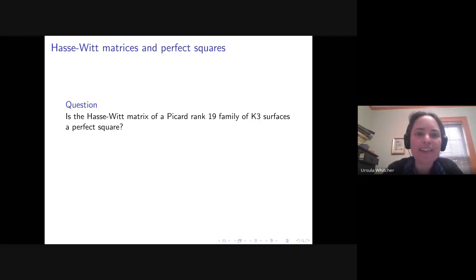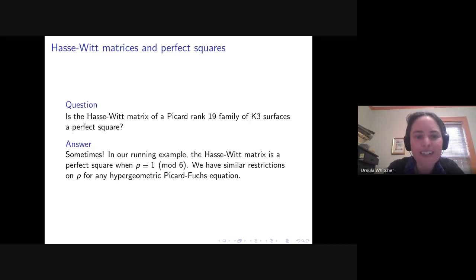So then you can ask yourself, okay, we know that the Picard Fuchs equation looks like a perfect square. Is it true then that the Hasse Witt matrix of our Picard rank 19 family is also a perfect square? And it's really tempting to say that it should be yes, because we know that the point counting is controlled by the Picard Fuchs equation. But it's actually surprisingly interesting and subtle.